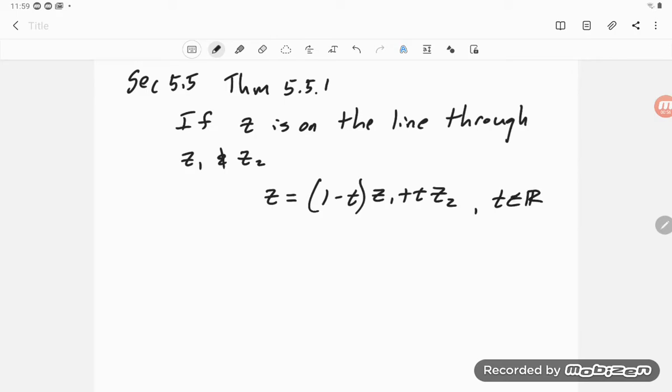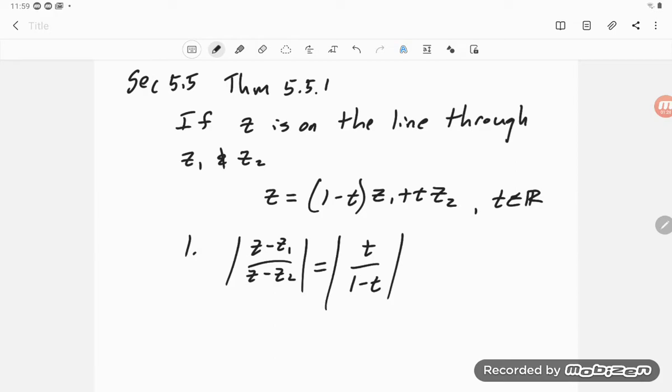But if you rearrange that, then you can write this and use absolute values. We have that the absolute value of (z minus z1) over (z minus z2) is equal to the absolute value of t over (t minus 1).